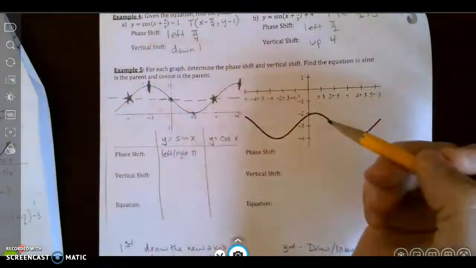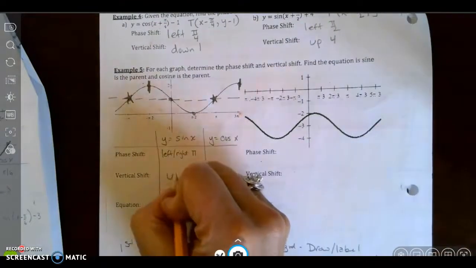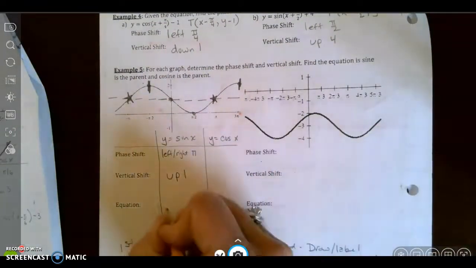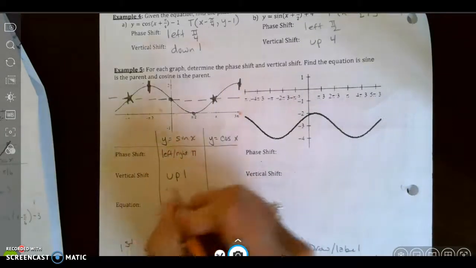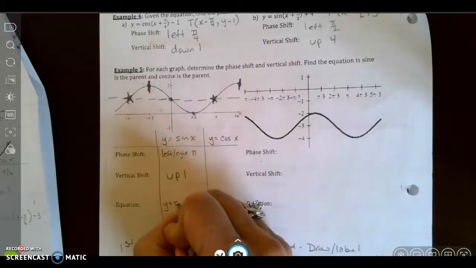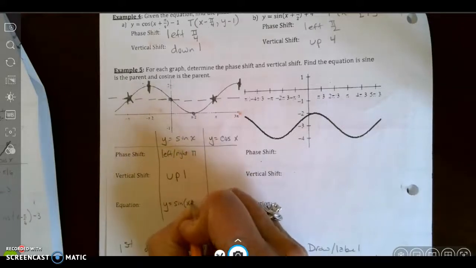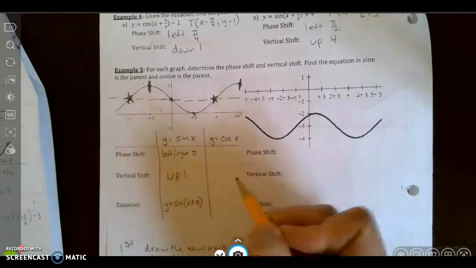My vertical shift is up 1. Therefore, my equation is y equals sine of x plus or minus pi, because it's left or right.